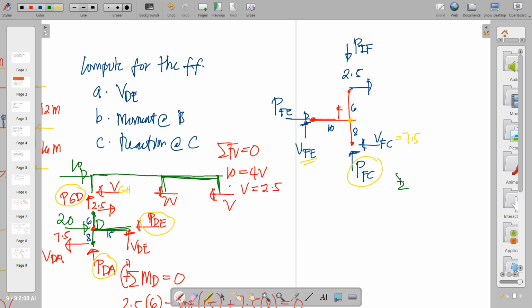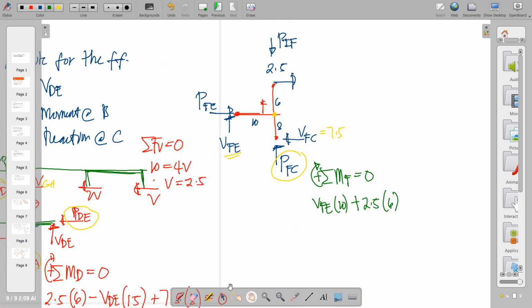So let's do it. Summation of moments along F. We have VFE times 10 plus 2.5, this one, times 6, and then plus this one, 7.5 times 8 is equal to 0.